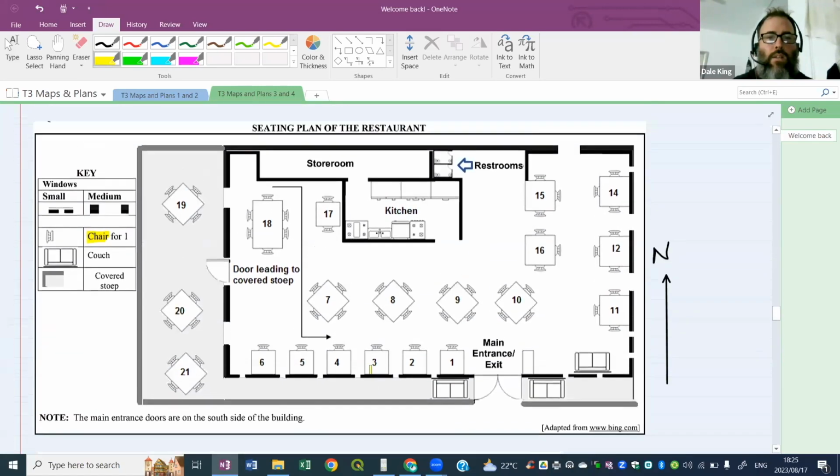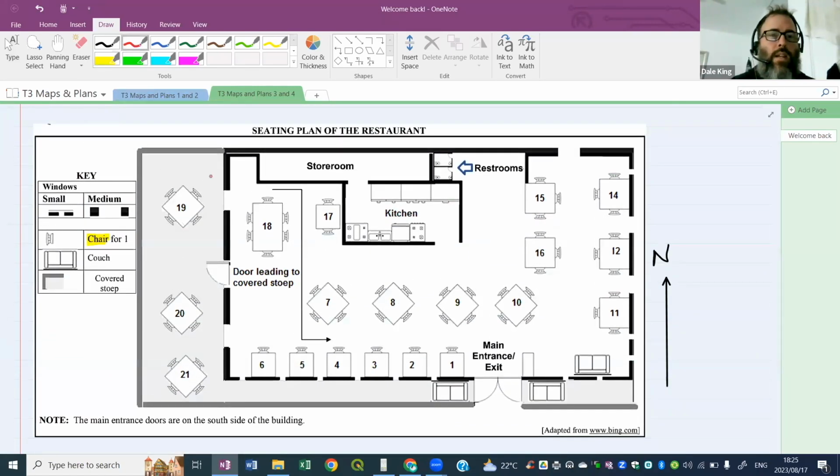So here we have table 18, and here we can see the arrow that they were talking about. And this person needs to get to table 4. Use compass directions to describe the path this person is taking. So giving you the path there, you've got to attach compass directions to this. Who would like to try this one?